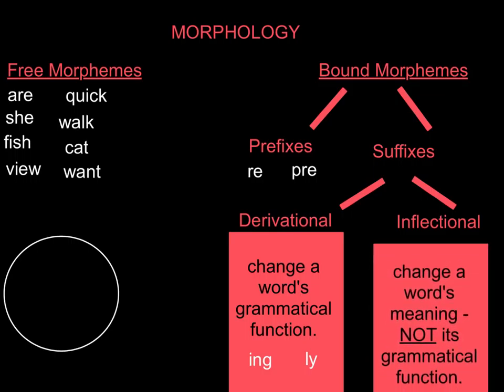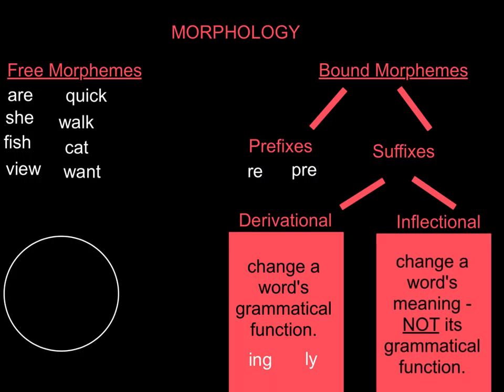Inflectional suffixes change a word's meaning, not its grammatical function. Some examples of inflectional suffixes are ed and s. So if I pop ed or s on the end of another morpheme, I'm not changing it grammatically, but I'm changing the meaning. Let's look. Cat is a noun.